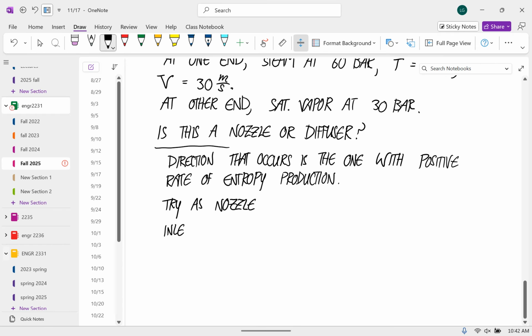So at the inlet, we have steam. That inlet pressure is 60 bar. The inlet temperature is 400 degrees Celsius.